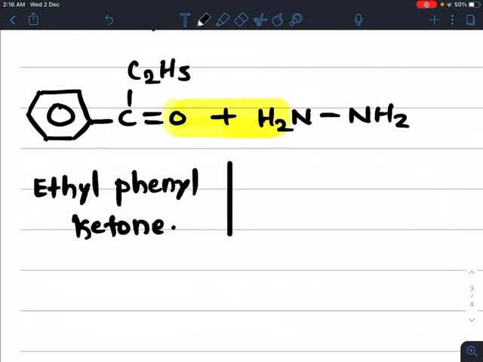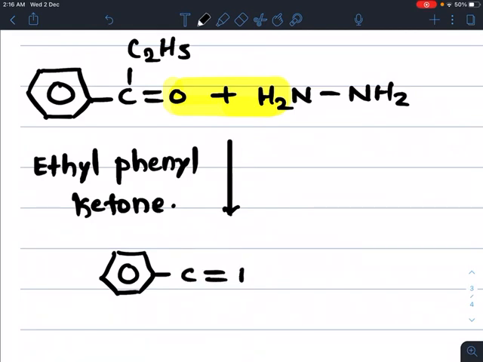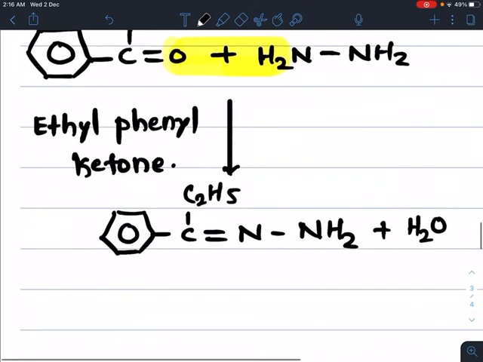So remaining product is combined with each other, and we get this C6H5 as it is, C double bond N NH2, this C2H5 as it is. So we get ethyl phenyl ketone hydrazone with the removal of water molecule. So hydrazone is formed.